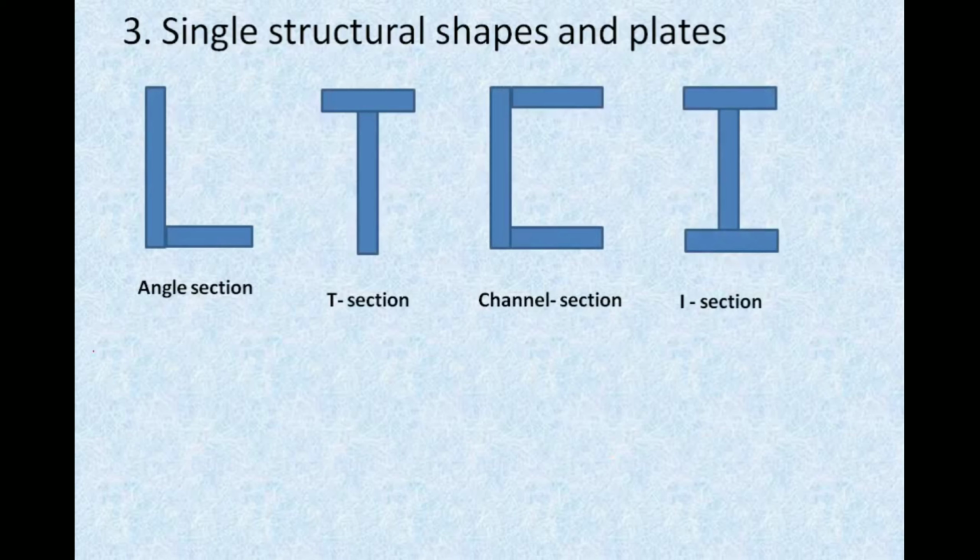So these are the sections we are already familiar with. Here the angle section and the channel sections, we know, but here these are the flanges, and these flanges are less rigid.